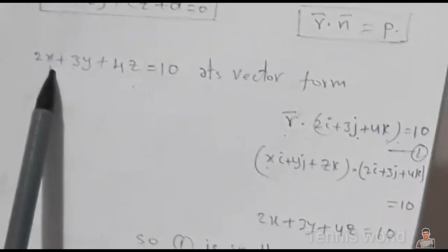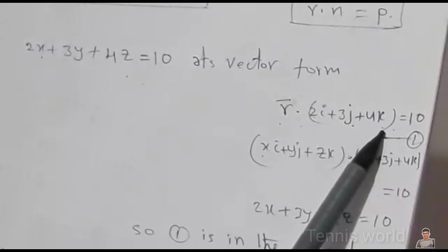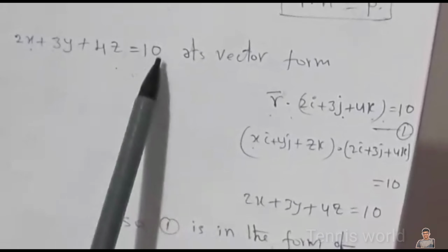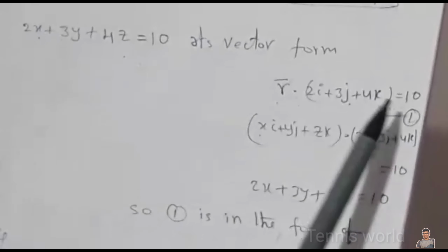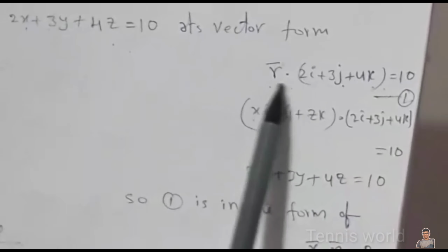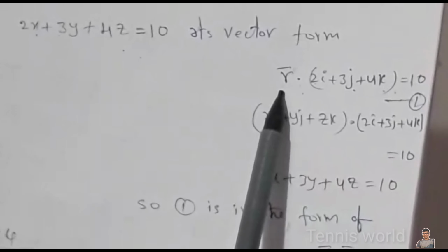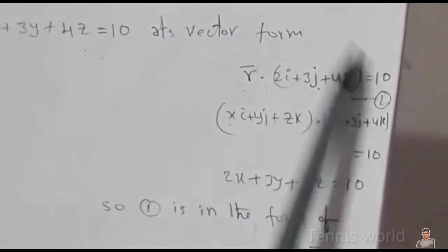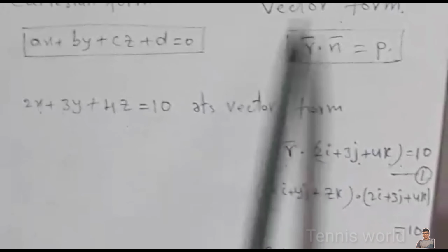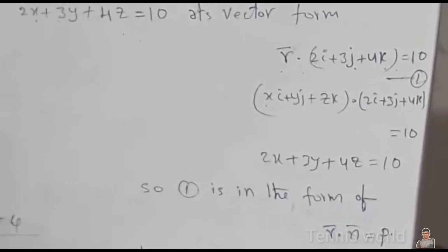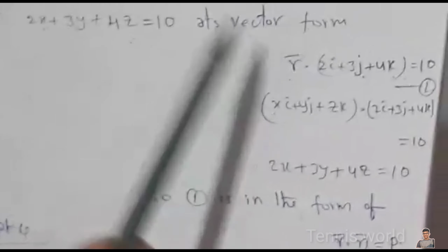That means 2i plus 3j plus 4k is equal to whatever the right side constant is, copy as usual. This entire step looks like r bar dot n bar is equal to p, which is also called the vector form. This is the way to convert the Cartesian form of the plane into the vector form.